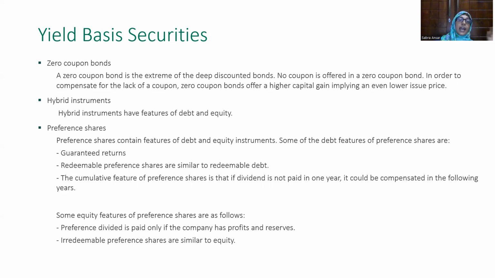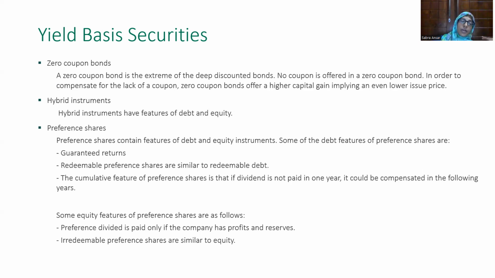It would basically have both debt and equity features. Preference shares have features of debt and equity, because there are preference shares which would have a guaranteed return, or redeemable preference shares which are similar to redeemable debt, and preference shares which run in perpetuity as well.